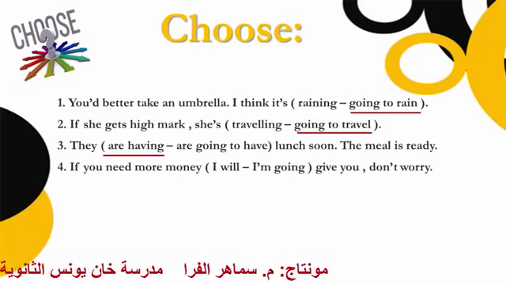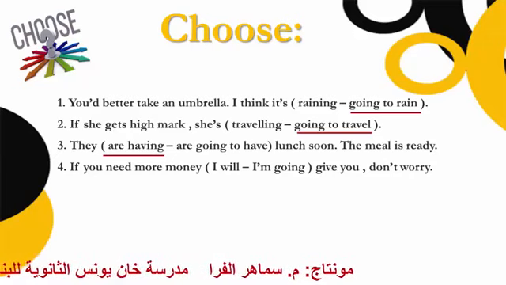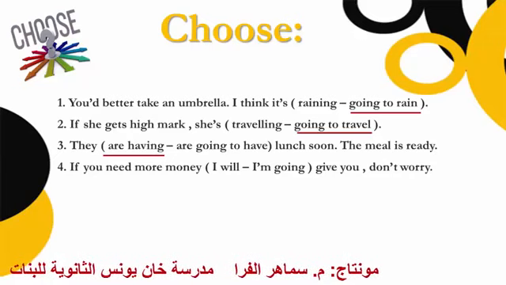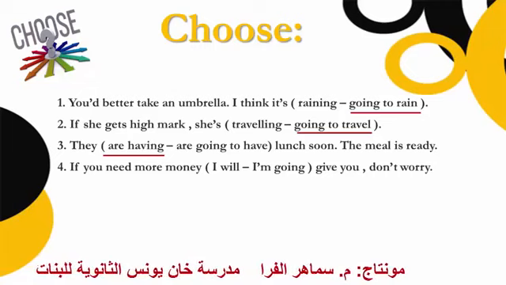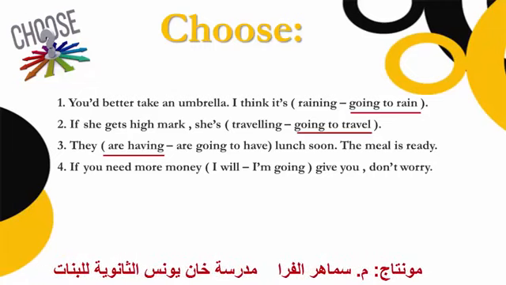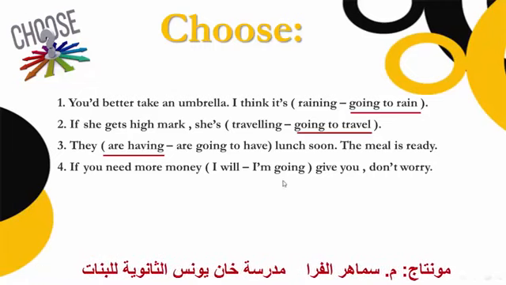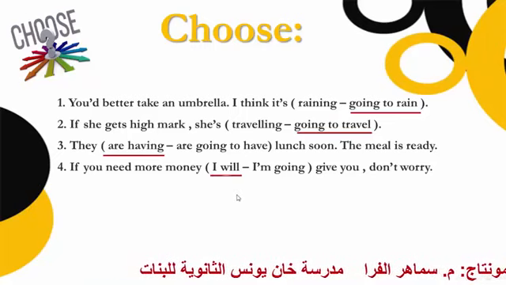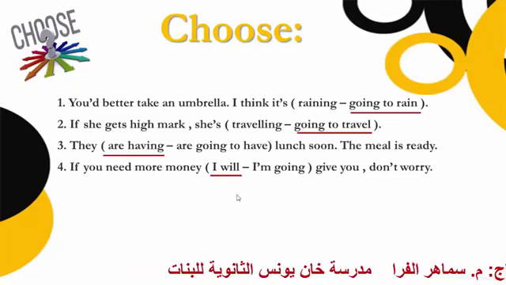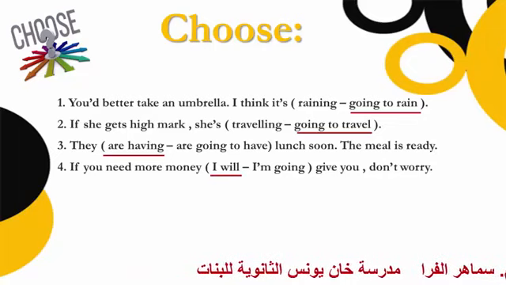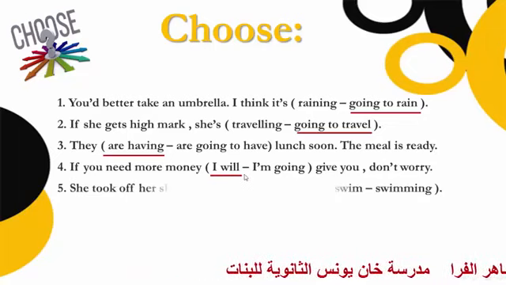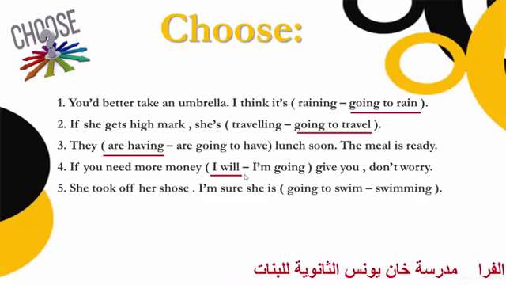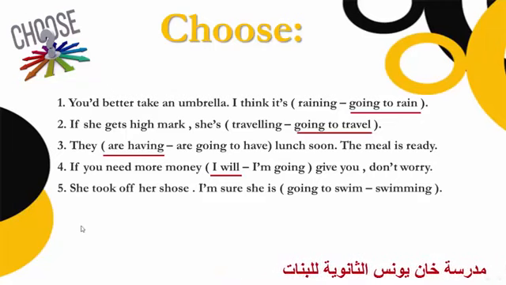If you need more money, I'll or I'm going to give you. Don't worry. An offer here. If you need more money, I'll give you. Don't worry, I'm offering my help. And so will is used here, not present continuous or going to.